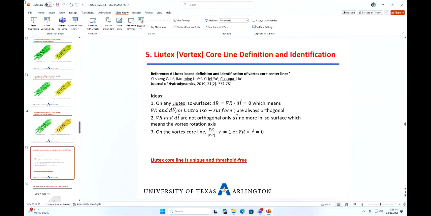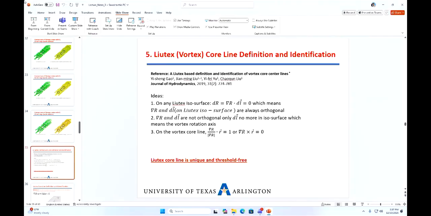The reasons why: who gave the turbulence vortex structure? Can you show me one example? Because you use different thresholds and different methods, you get different pictures. Which one is the vortex structure? How do you know this is the exact vortex structure? Nobody knows. Nobody can answer. But the vortex core line can answer. It's unique.